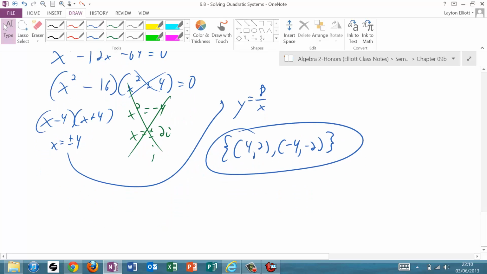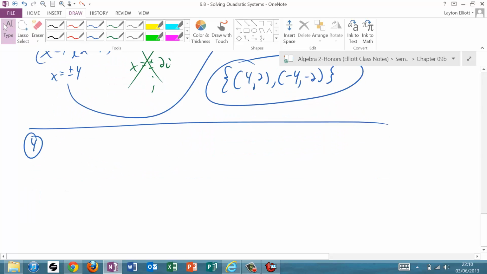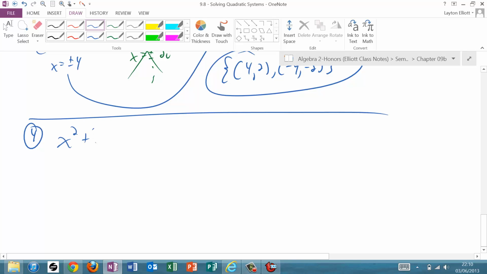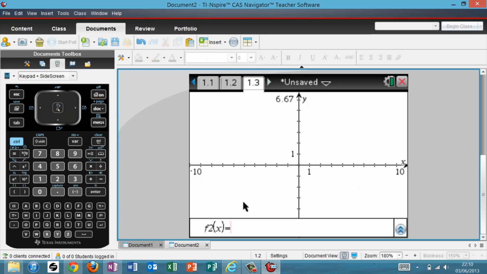Oh heck, let's do one more. Number 4. x squared plus 2y squared is equal to 23, and 2x squared minus y squared is equal to 1. I'm going to graph these two. It's new graph. I'm getting fast at this.